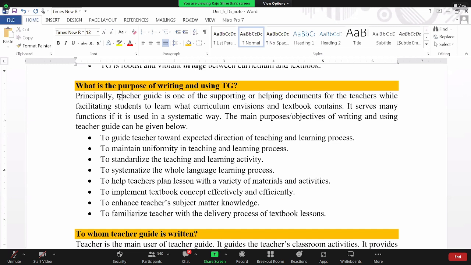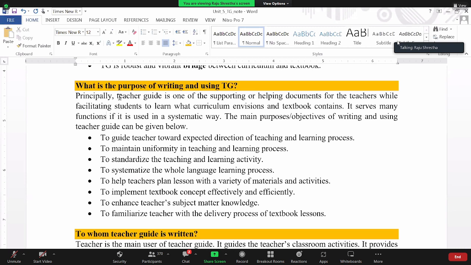Principally or theoretically, teacher guide is one of the supporting or helping documents for the teachers while facilitating students to learn what the curriculum envisions and the textbook contents. करिकुलमले के परिकल्पना गर्छ, टेक्स्टबुकले जे कुरा कन्टेन्ट अथवा टेक्स्टमा कन्सिस्ट हुन्छ, and then that will be delivered by the use of TG. This is the principle.